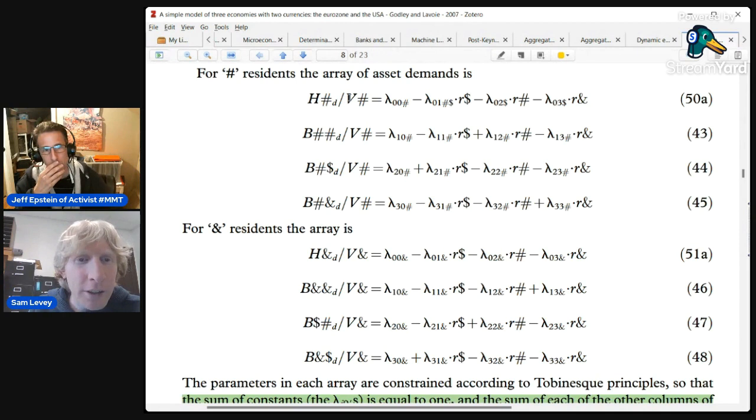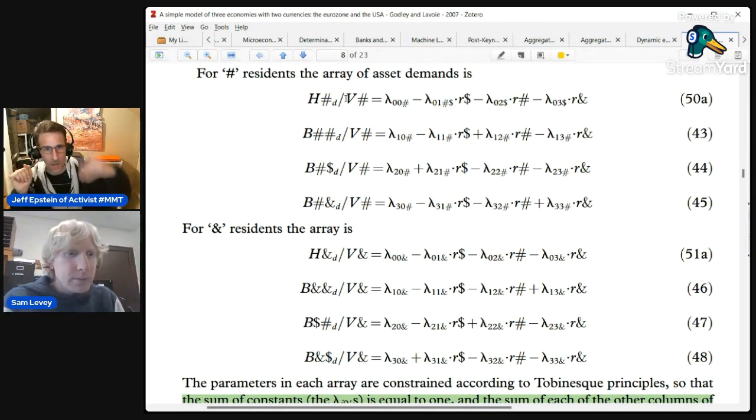V is all the wealth that the households in this country have, and these four things, this H and these three B's, are the four different forms that you can have your wealth in this model. So if you add them all up, you get the total of all the wealth. Money from my country, and then bonds from all 3 countries, over the total wealth of my country, which is obviously equal.